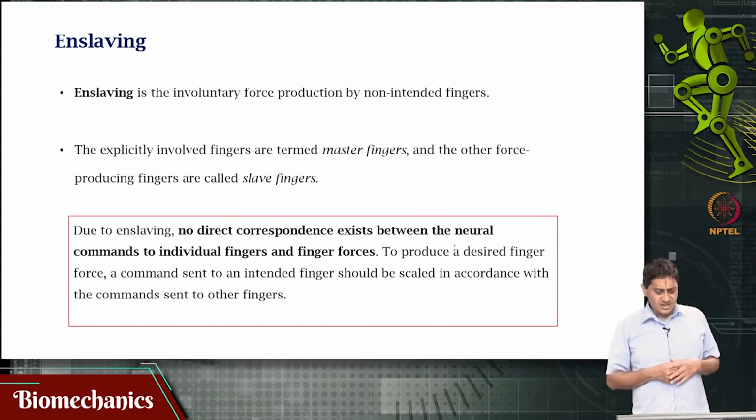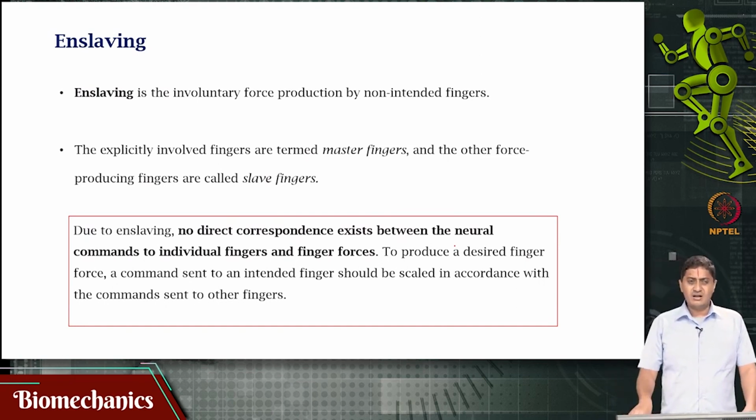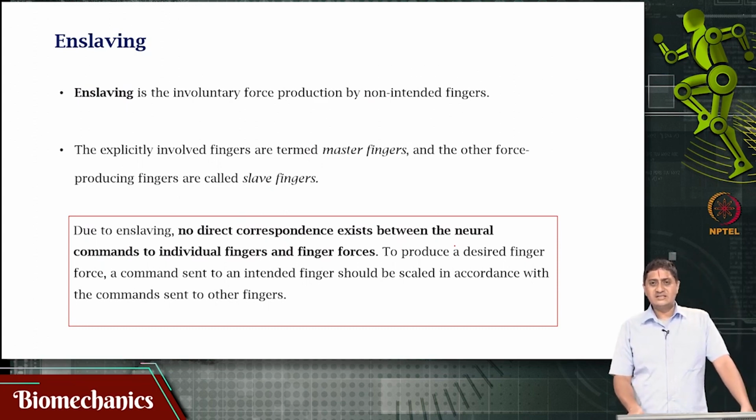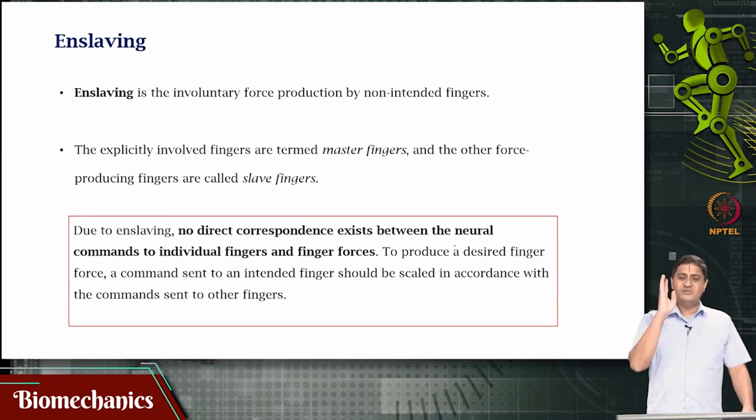For discussion's sake, we call the explicitly involved fingers master fingers and the other force-producing fingers that are not instructed slave fingers. For example, we performed this instruction where I am asking to move the ring finger, and the other fingers are moving without instruction, so in this particular case they are all called slave fingers.